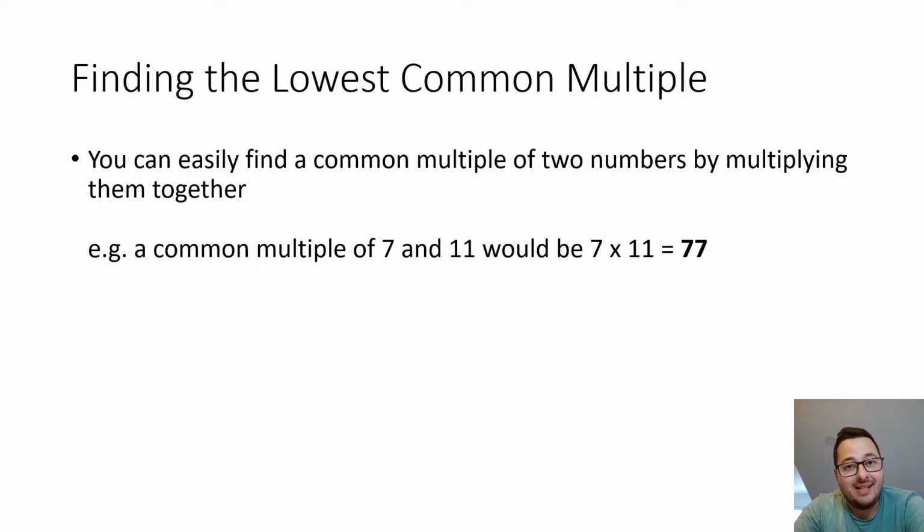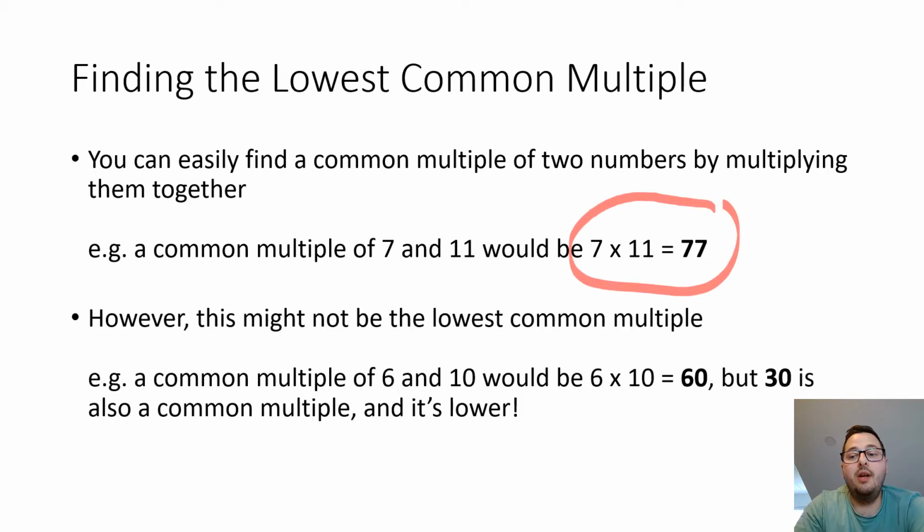But it will not necessarily be the lowest. In this case it is, but not in this second case. So this second case, we've got a common multiple of 6 and 10, so you could do 6 times 10, which is 60, but actually 30 is also a common multiple, and it's lower.